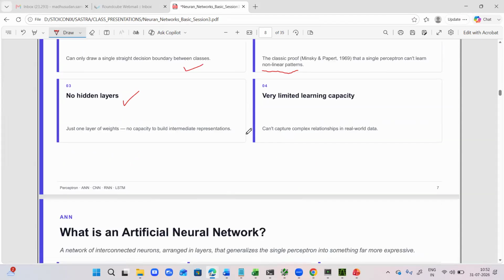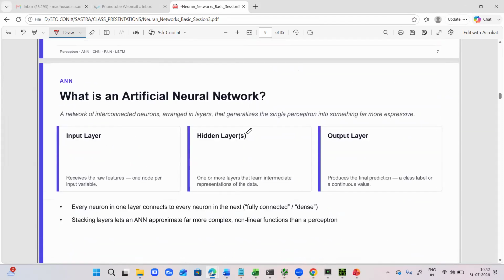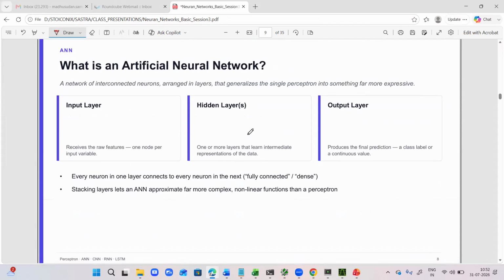And so that's pretty much about the perceptron. Now let's move to what is called artificial neural networks. All right, so this artificial neural network is nothing but a network of interconnected neurons.